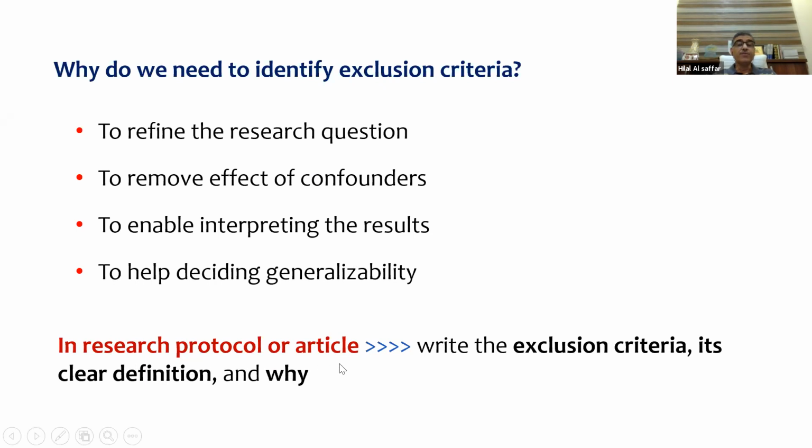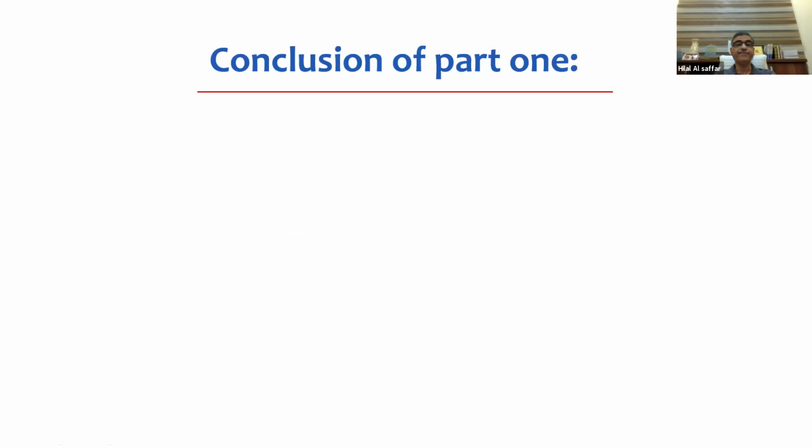So in research protocol دوما لازم تنكتب الاكسكلوجن كرايتيريا وكلير ديفينيشن مالتها، وليش انت طلعت هذا. يعني تقول to decrease او to remove confounders او to prevent او to make the participant number اقل.